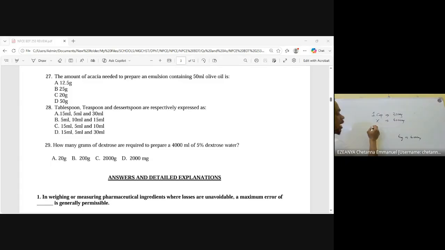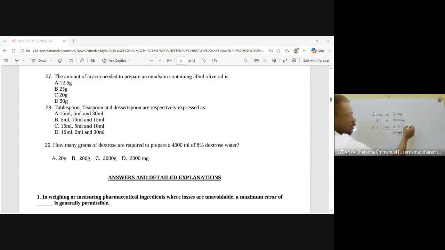So our X is now equal to 1 capsule times 6,000 milligram, all over 300 milligram.